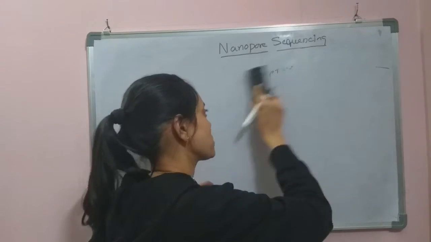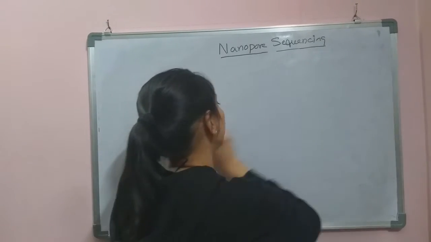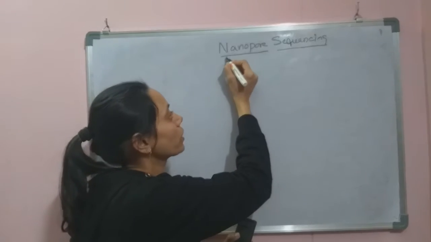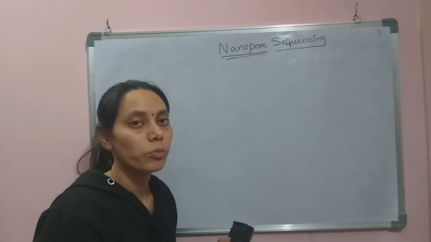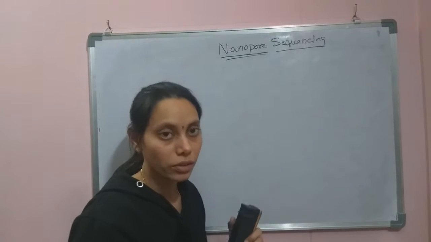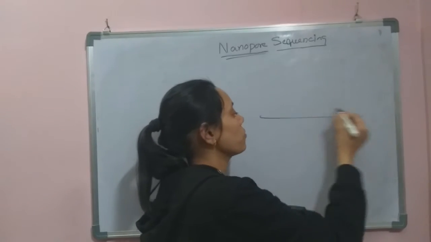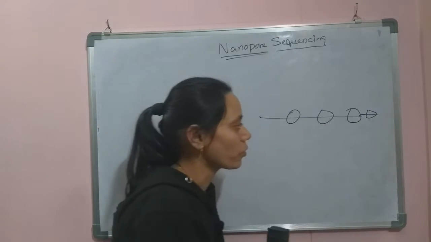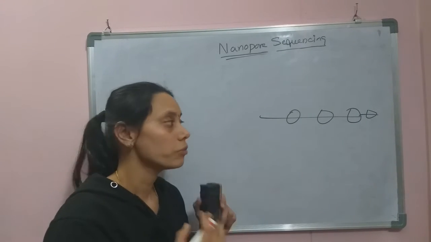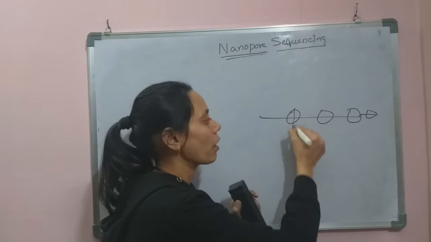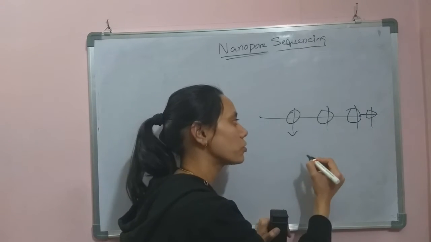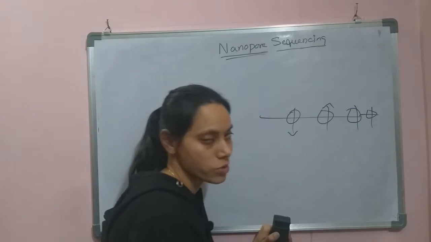So going into the detailed process of nanopore DNA sequencing, basically it deals with a nanopore. In nature, there are many membrane pores present on the plasma membranes. These membrane pores allow transport across the membrane, from outside to inside or from inside to outside.